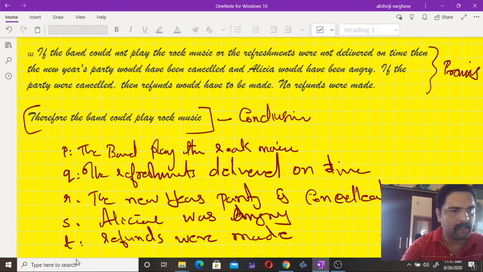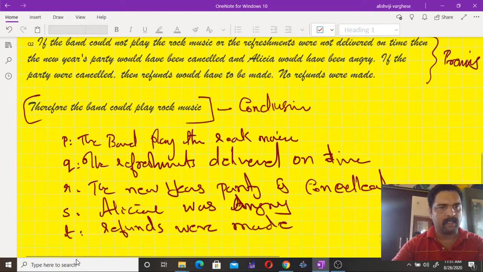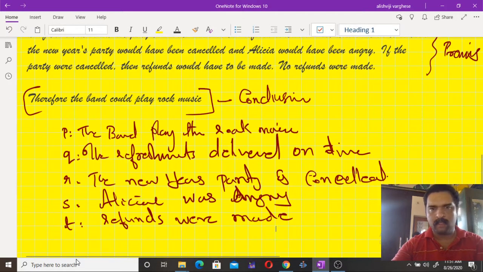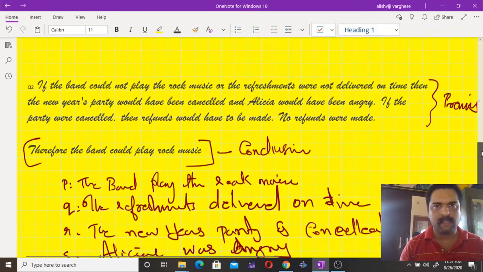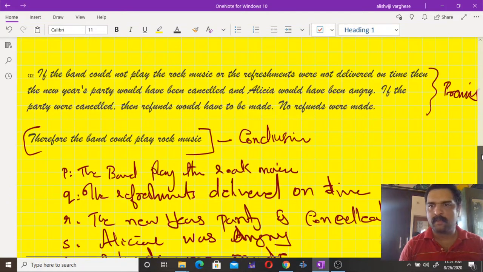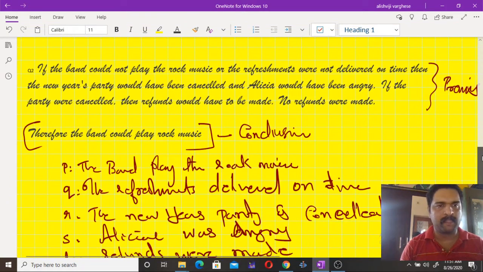That is our conclusion: the band plays the rock music. That statement is already written here, P. Now these are the primitive statements included in our premises, and the conclusion is also written in terms of the primitive statement. It is already identified. Now, what is our next step?